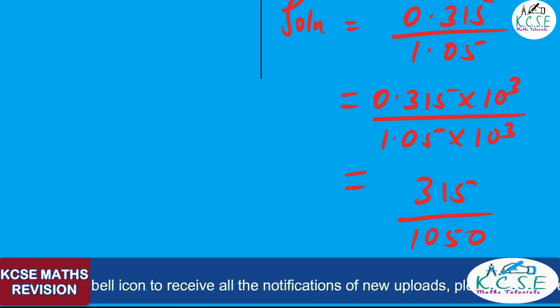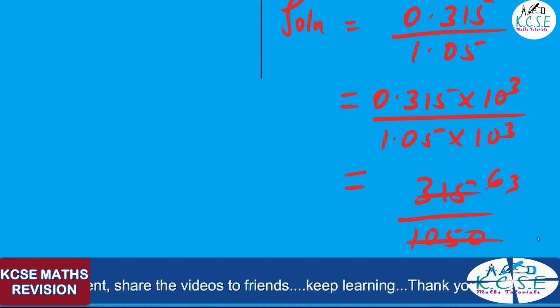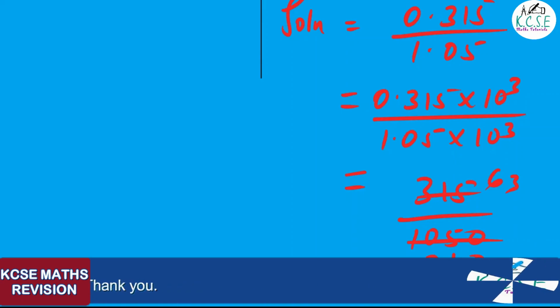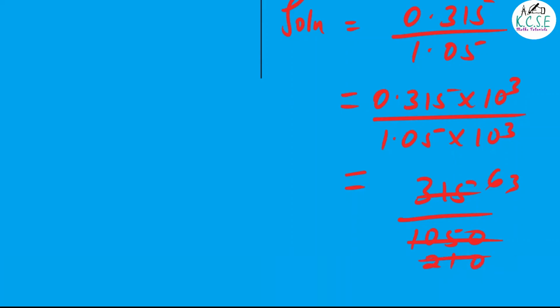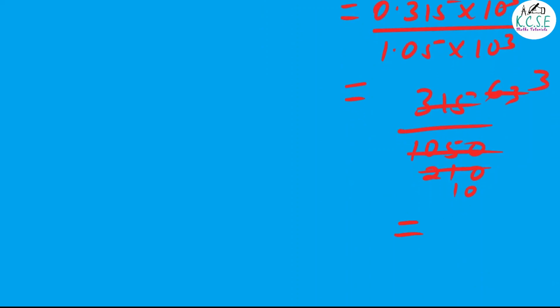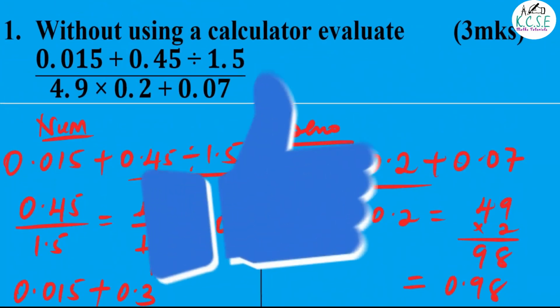We can start by dividing by 5. 315 divided by 5 gives 63, and 1050 divided by 5 gives 210. Divide by 21: 210 divided by 21 is 10, and 63 divided by 21 is 3. So this gives 3 over 10, and this gives 0.3 as the solution. And that is how you're supposed to work out that question.